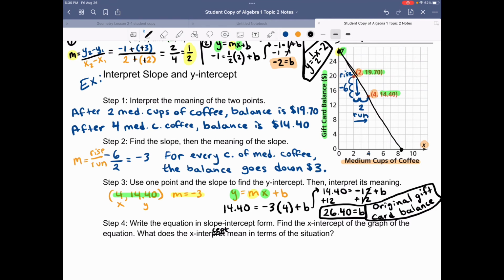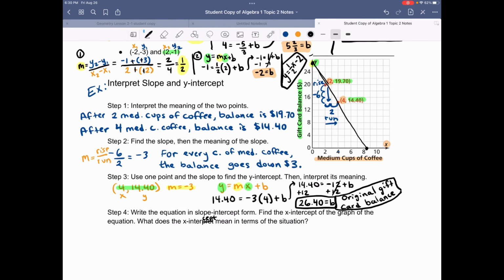What do we already know? We already know the slope. The slope is -3. And what I also know is that the y-intercept, b, is 2640. And at that point right here, I know what y is.